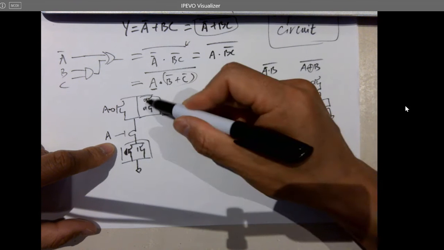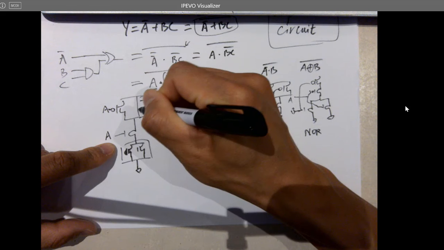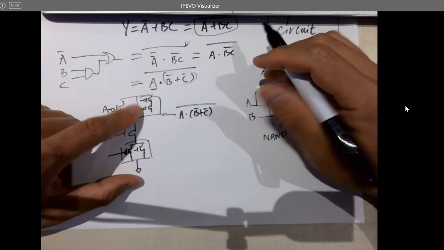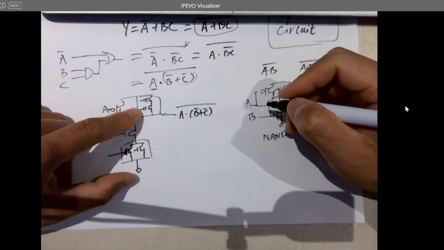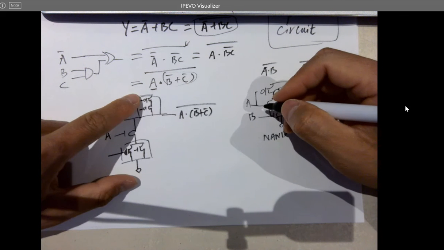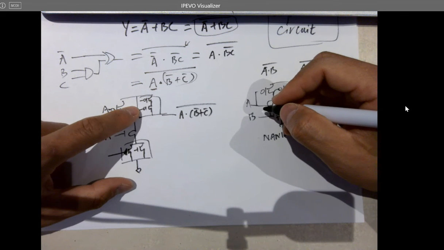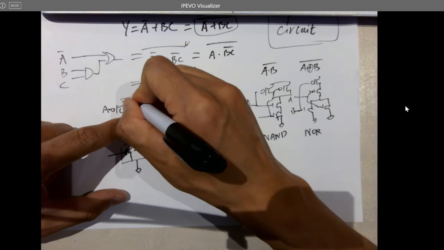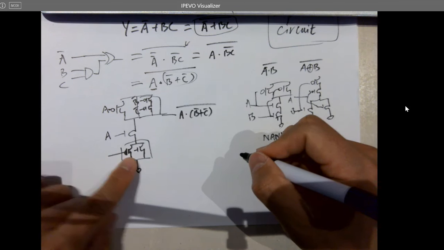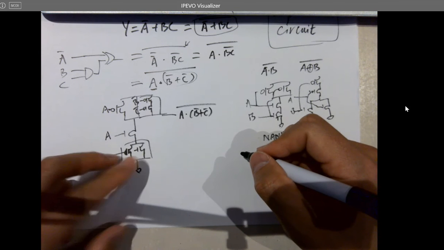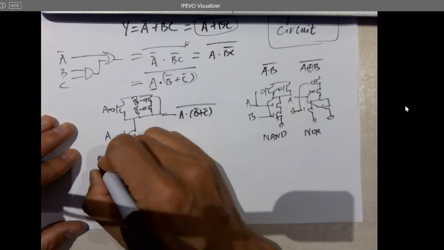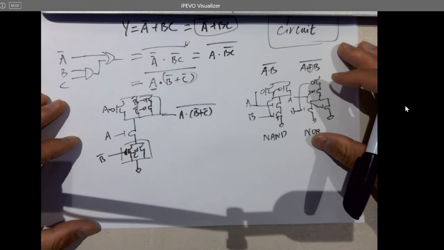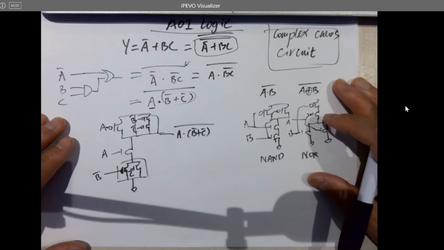What about these two? Are these two interchangeable? B naught, C naught, or C naught, B naught, does that matter? It doesn't matter. What about these two? Doesn't matter as well. And that's a complex CMOS circuit for this logic.